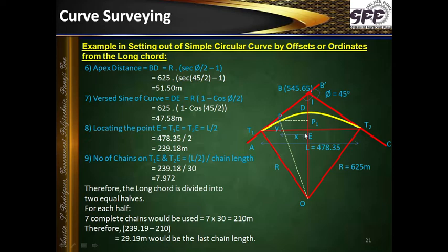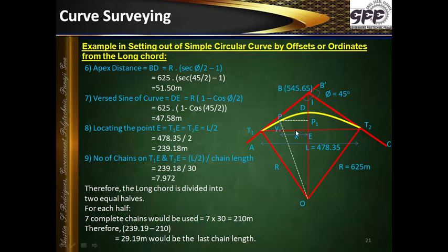Having got this, now let us find out how many chains or peg lengths will be appearing over here from where we will be taking the perpendiculars. Now the total length T1E, this length is 239.18. That should be divided by chain length, which is 30 meters. That comes to 7.972. So that means we are having a total of 7 complete chains, and a small portion of length would be remaining.